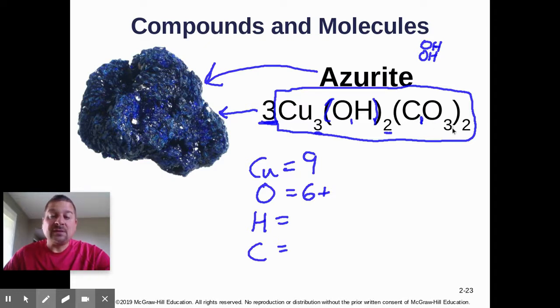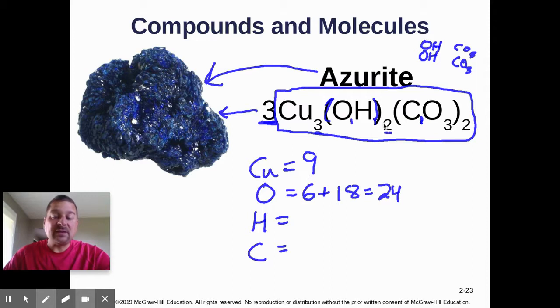Here we have 3 oxygens in a carbonate ion, but we have 2 carbonate ions. So if you have CO3, CO3, there's 3 and 3, that's 6. So 2 times 3 is 6, times 3 molecules, 6 times 3 is 18. You add those together, and that gives you 24 atoms of oxygen.